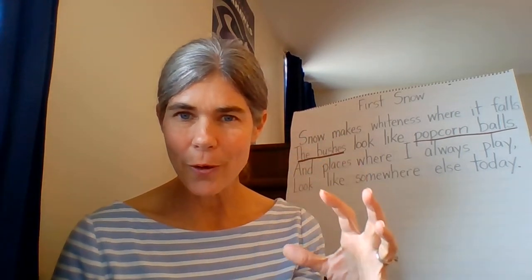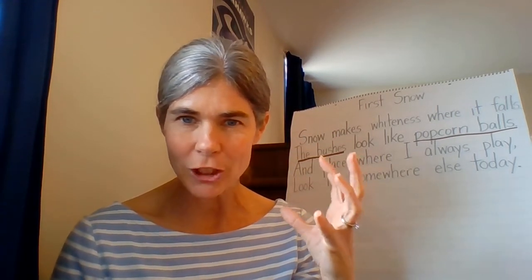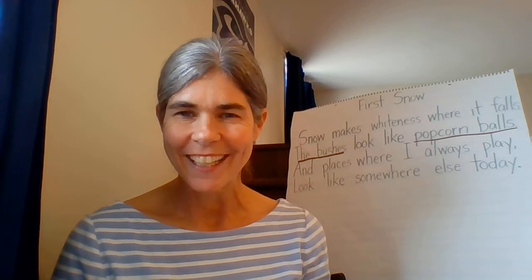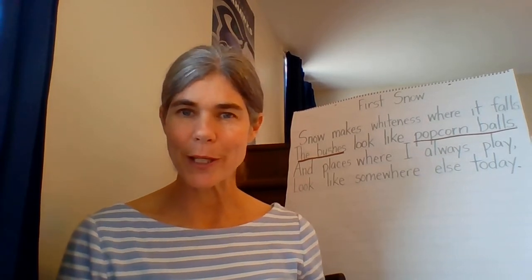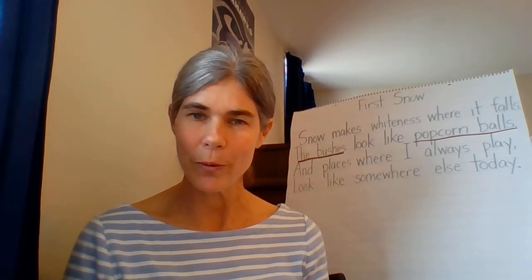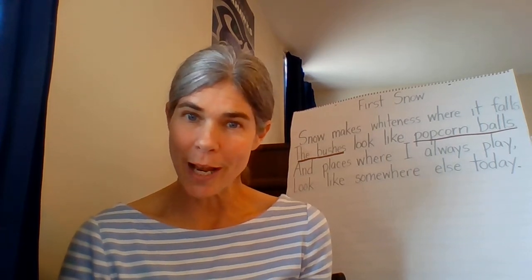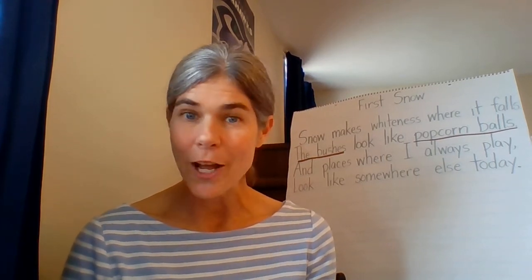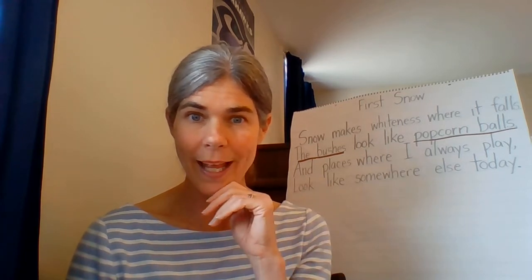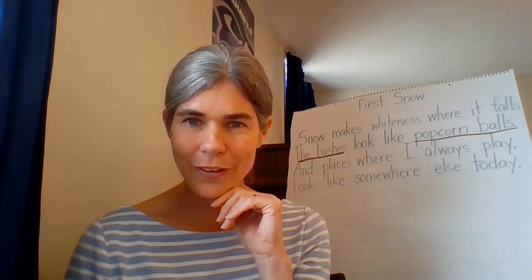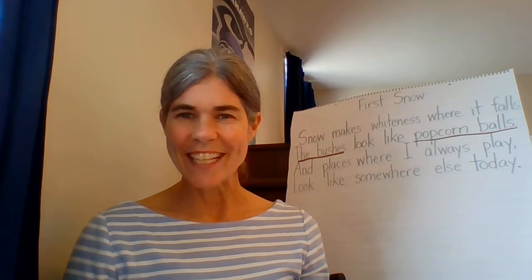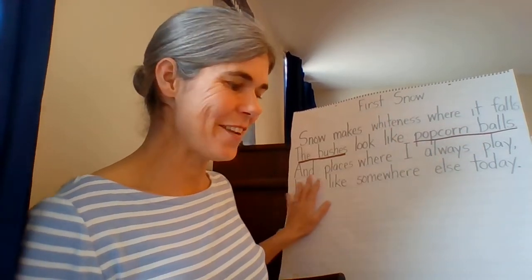The snow-covered bush like a big giant popcorn ball. That's the really fun thing about using comparisons in your poetry: the next time I see a snow-covered bush, I might look at it a little differently. Or the next time I see an umbrella, I might think, there goes a flower. So let's try another poem and see if you can hear that comparison.